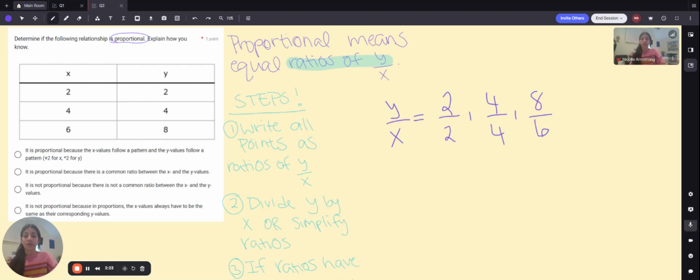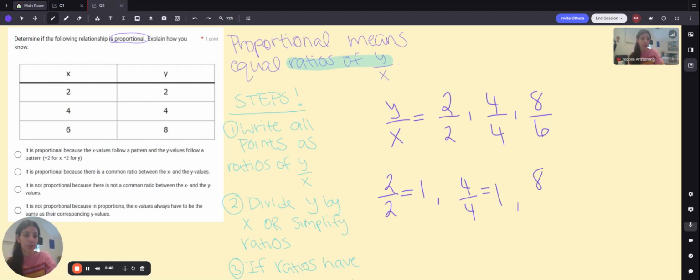Now we can divide y, our numerator, by x, our denominator, or just simplify the ratios. If we take 2 over 2 and use division, this is equal to 1. If we take the ratio 4 over 4, this is also equal to 1.